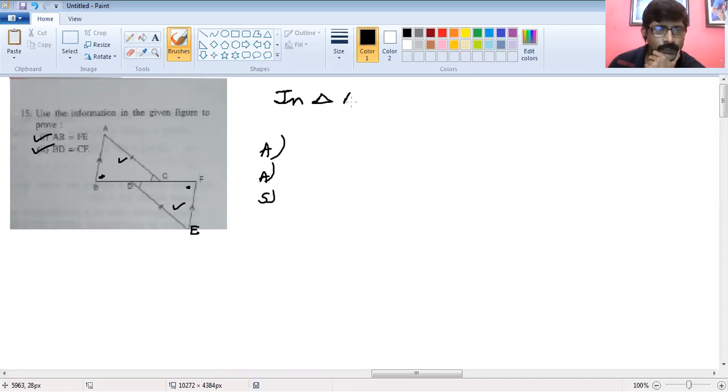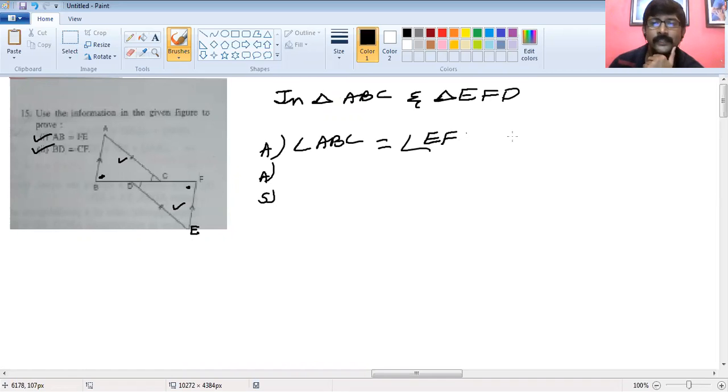So in triangle ABC and triangle, okay, ABC के साथ अगर मैं चालू किया तो मैं यहाँ पर एंड करूँगा EFD. In triangle ABC and EFD. What is that? Angle B is equal to angle F. Angle ABC is equals to angle EFD. इसको बोलते हैं alternate interior angles are congruent.